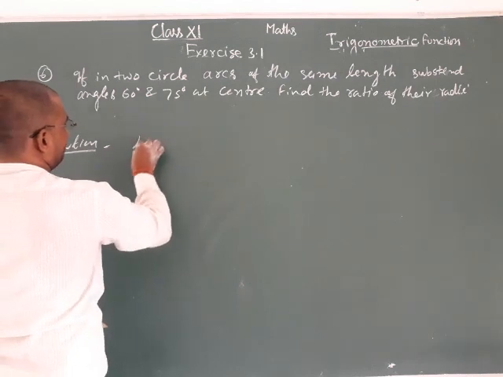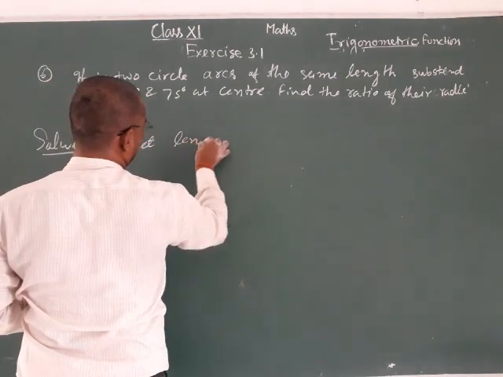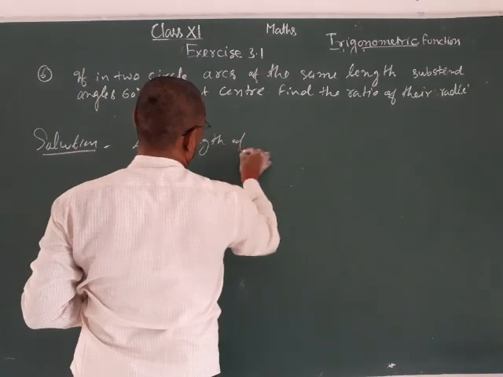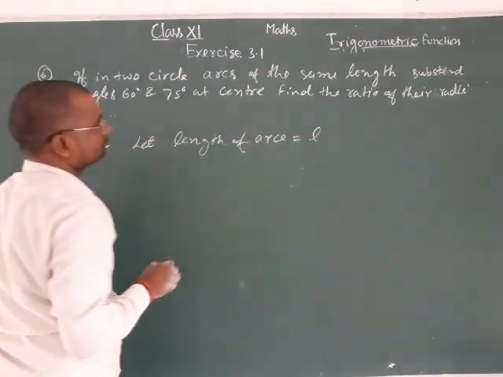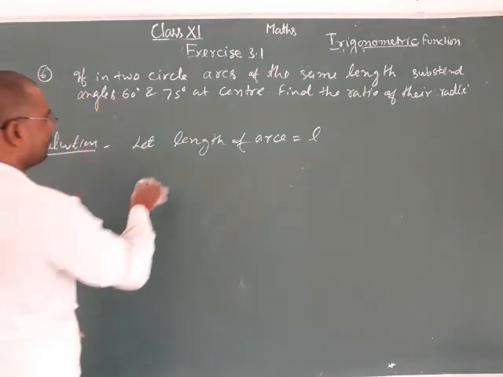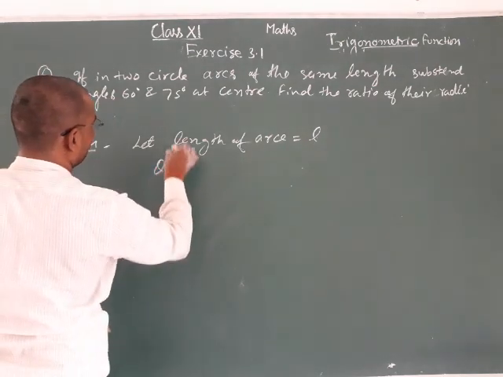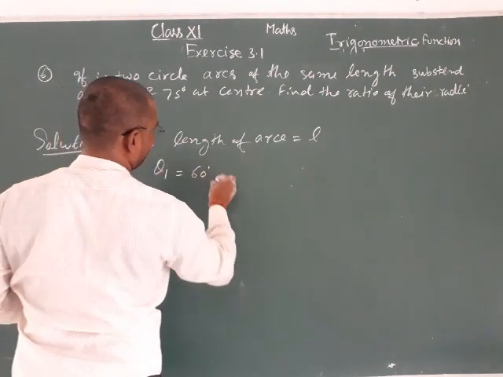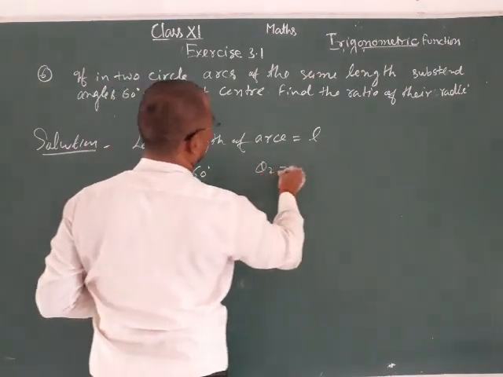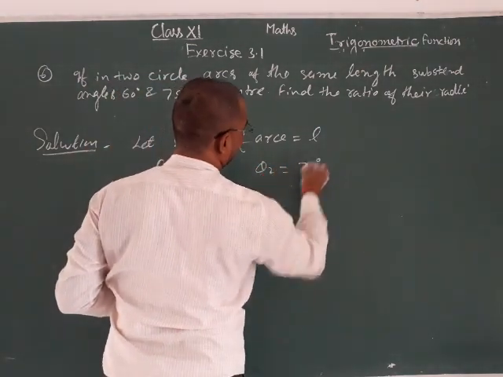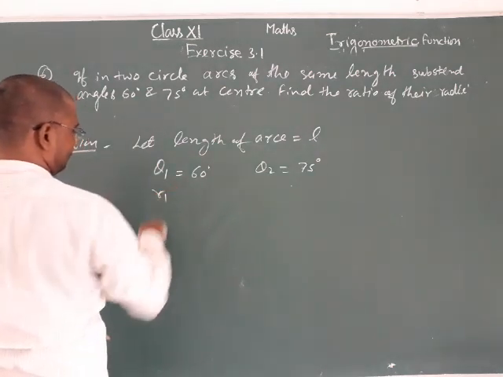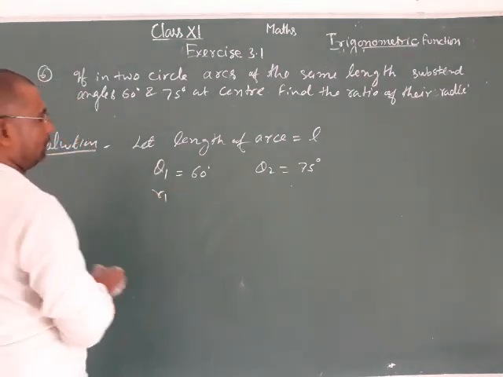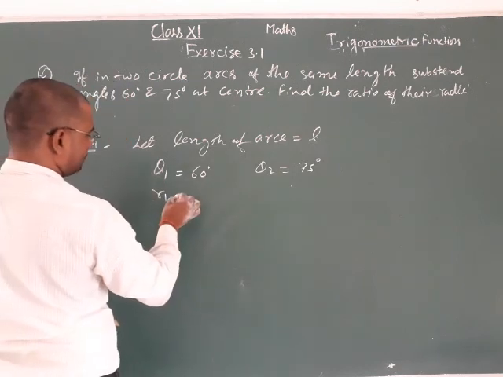Let the length of arc be L, theta 1 the first angle 60 degree and theta 2 the second angle 75 degree at the center, and radii r1 and r2.